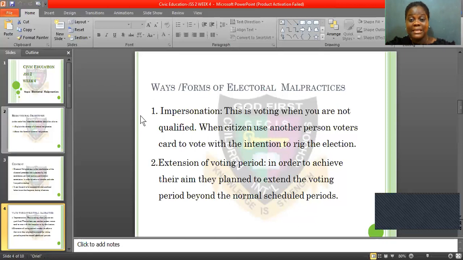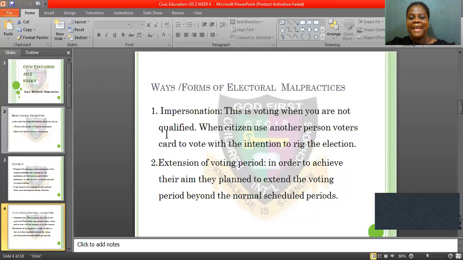They quickly let her know that there is somebody there, and if the girl gets to the presence of that person, they cannot do anything. She better disappear from that area. And that was how she took to her heels. Impersonation: when you are not qualified to vote, or you are using another person's voter's registration card. It is impersonation.